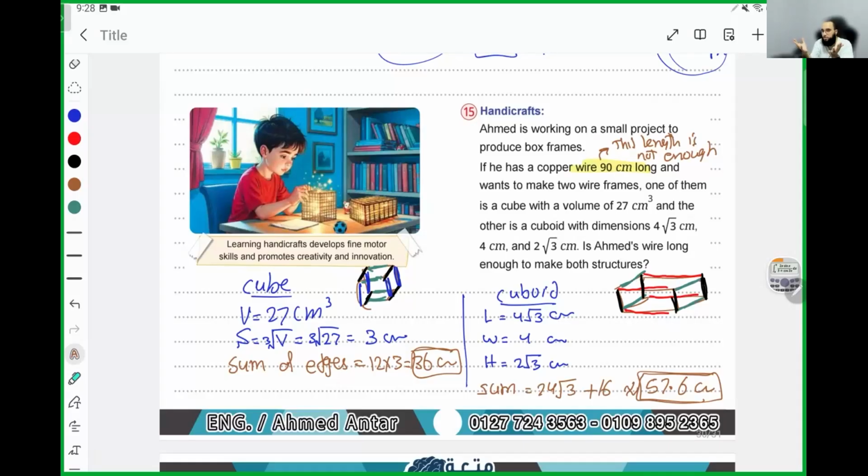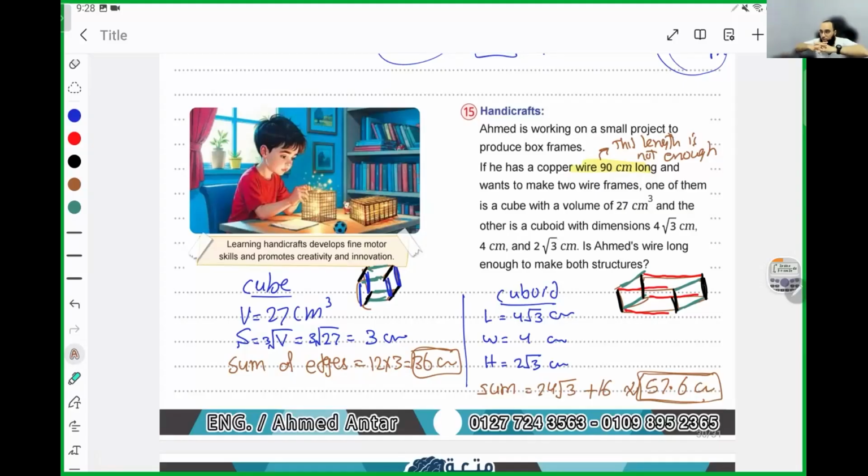The sum of all of these edges is the length of the wire. Adding all of them gives 57.6, so for the cuboid I need 57.6 of wire. For the cube, I need 36.